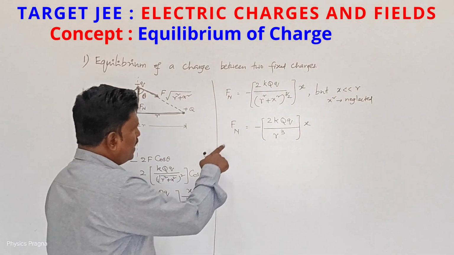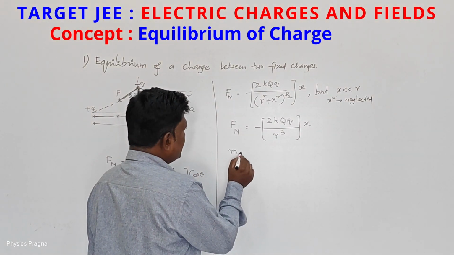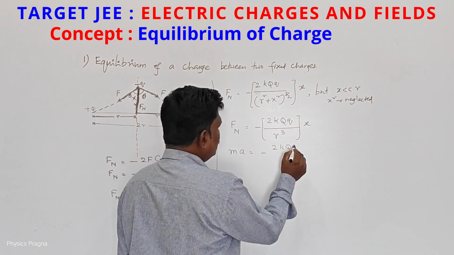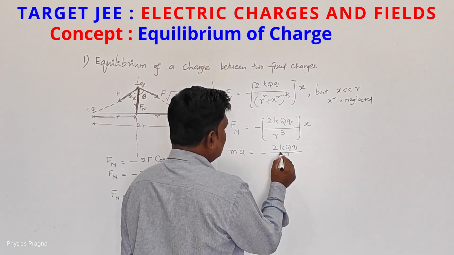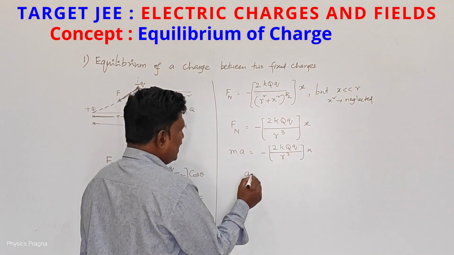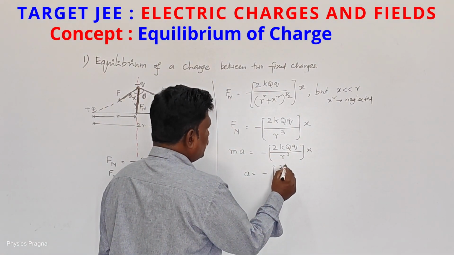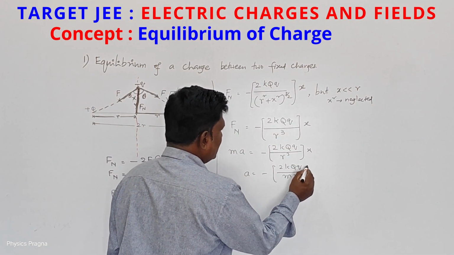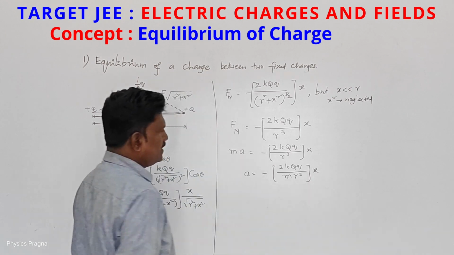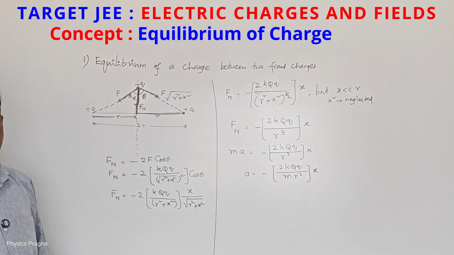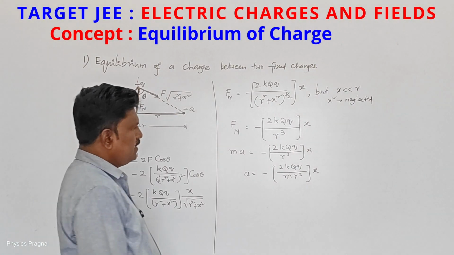But the resultant force ma is equal to minus 2kQq by r cube into x. This m I will send to that side. So a is equal to minus 2kQq by m r cube into x. This is the acceleration of our charged particle about its stable equilibrium point.